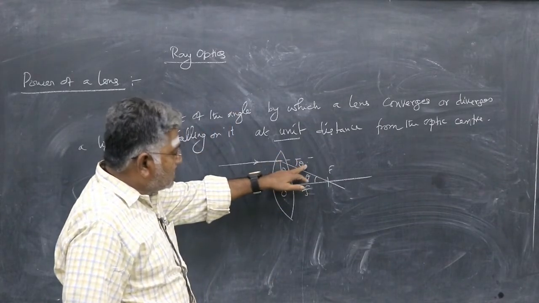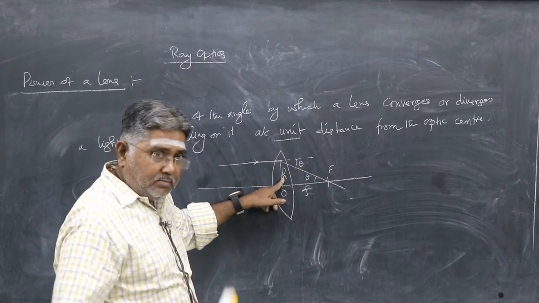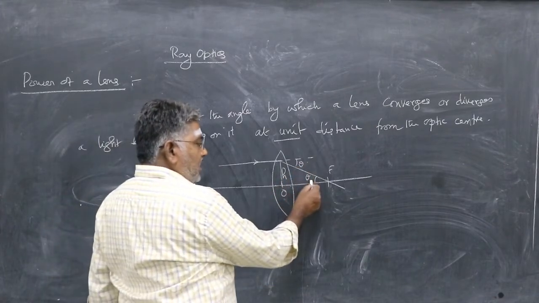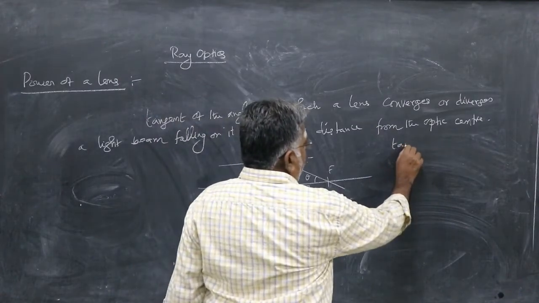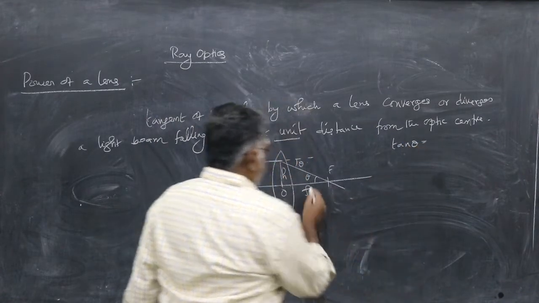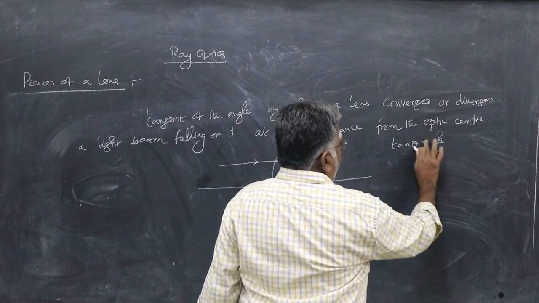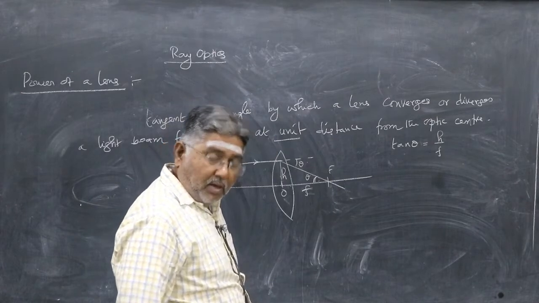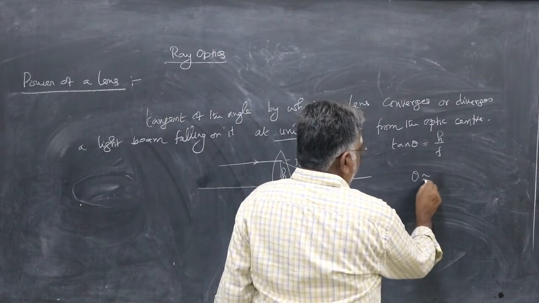So tan of this angle, when H is 1, that is called power. If this is theta, this has to be theta, alternate angles. So tan theta is H by f. If theta is small, you can write tan theta as theta.